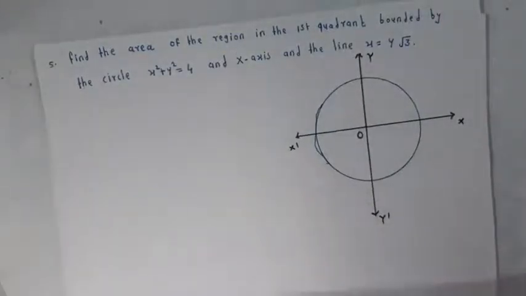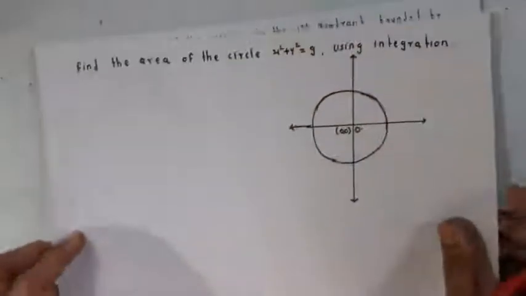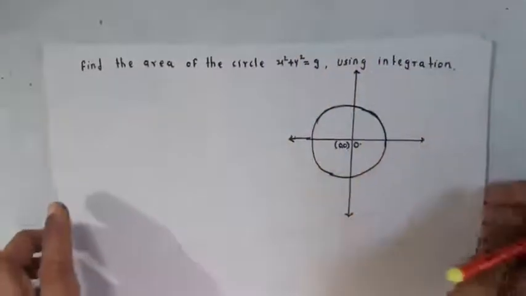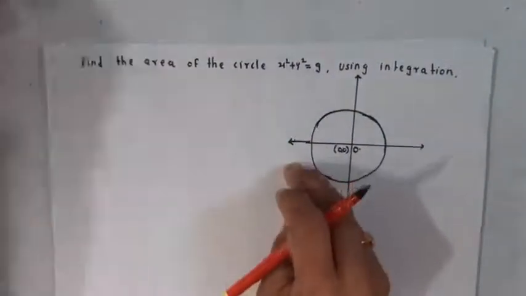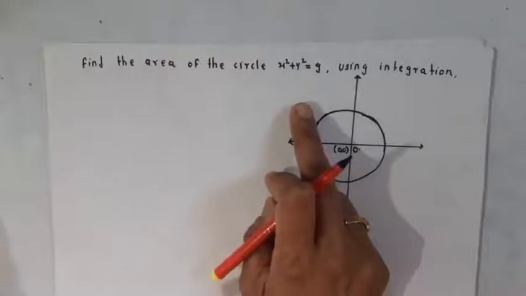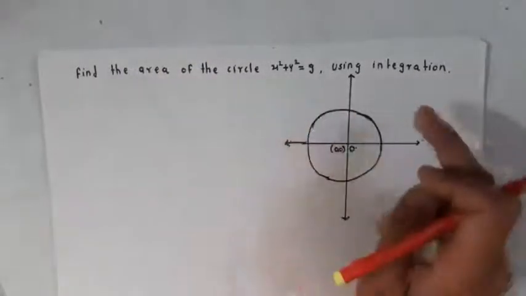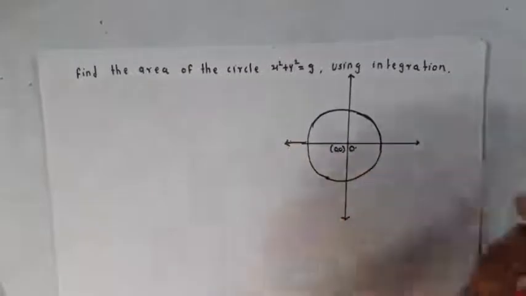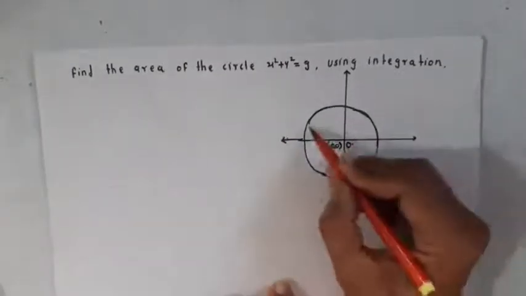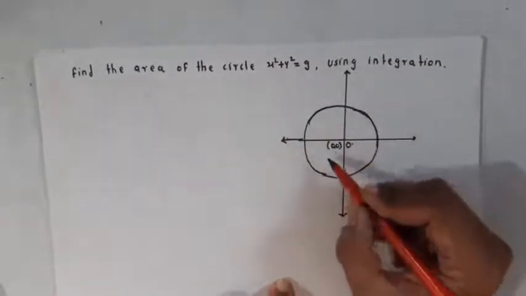Okay, now let us take another example, which is from the miscellaneous exercise. The question is: find the area of the circle x square plus y square equal to 9 using integration. We have to find out the area of the total circle.